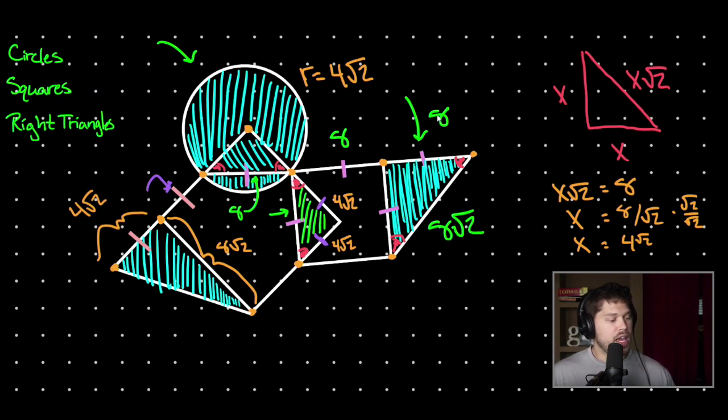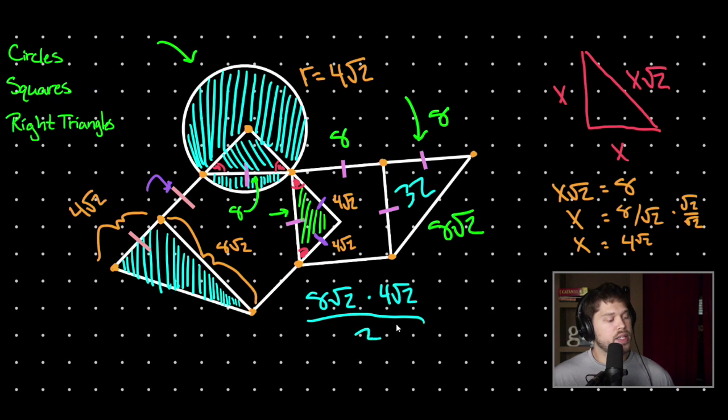So for this triangle on the right, what do I have? I have 8 times 8 divided by 2, base times height divided by 2. 8 times 8 is 64. 64 divided by 2 is 32. So this segment has an area of 32. What about for the triangle on the left-hand side? Well, I have 8 square roots of 2 times 4 square roots of 2, all divided by 2.